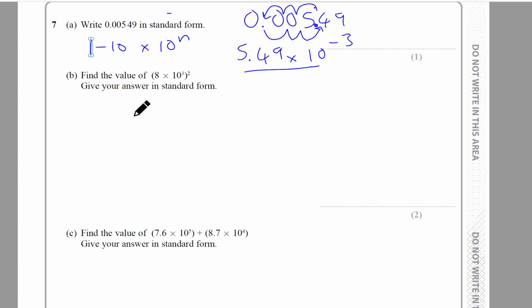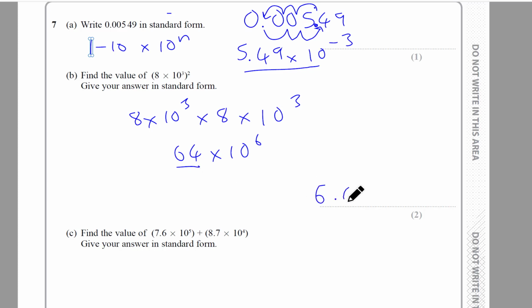Find the value of this in standard form. So we know that's 8 times 10 cubed times 8 times 10 cubed. We can multiply the 8 times 8 to get 64, and that's going to be times 10 to the power of 6. That will get you 1 mark. This is not between 1 and 10, so we need to make that 6.4.